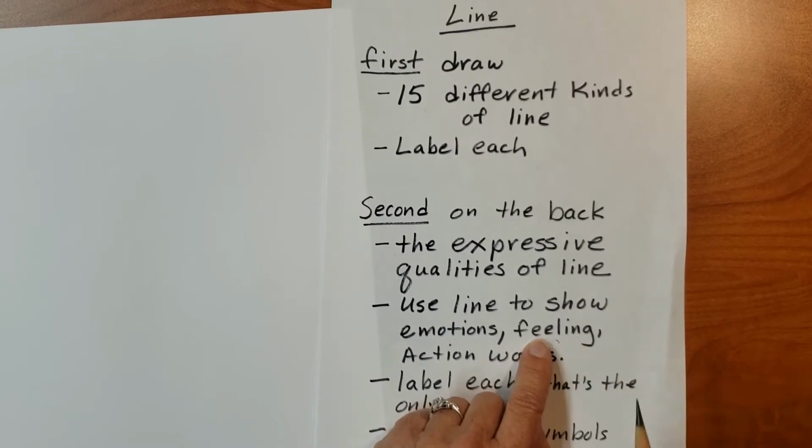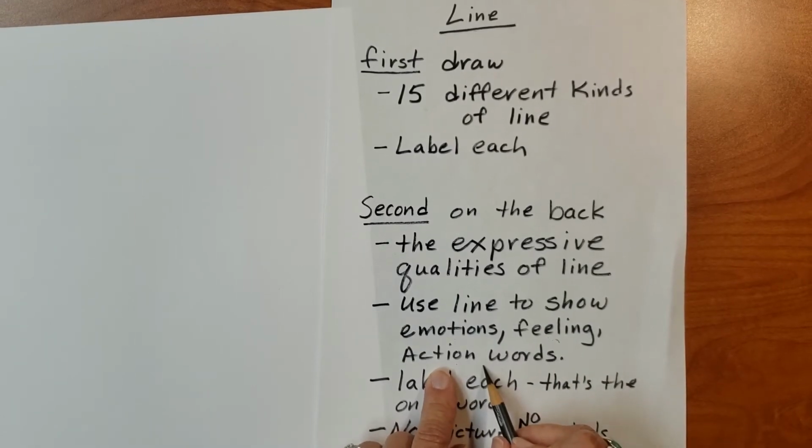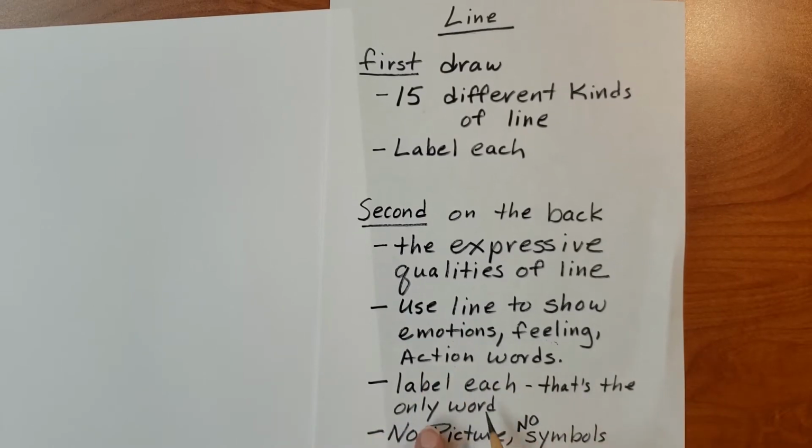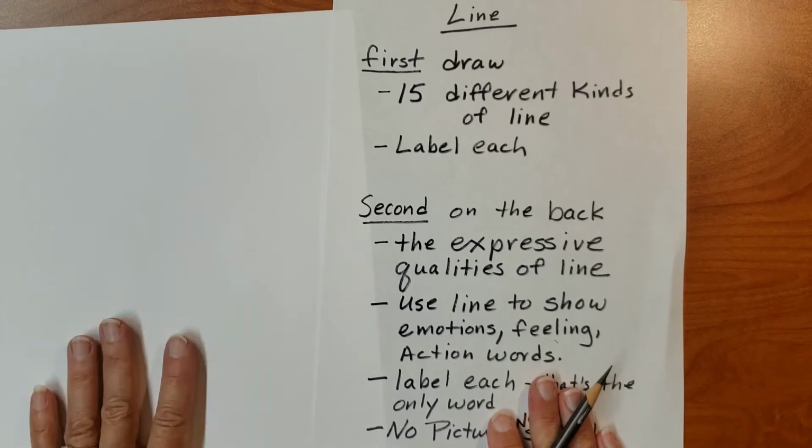And then action words like fast, slow, run, tripping. We'll think of some things. You're going to label each, and that's the only word that you're going to see in that little box. No pictures, no symbols. All right, here we go.